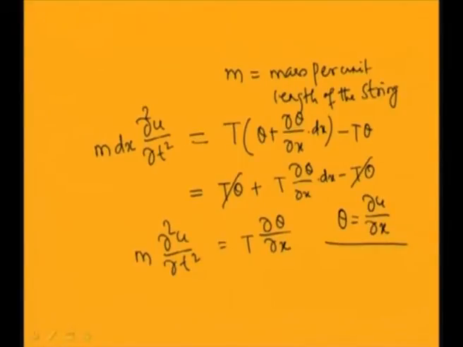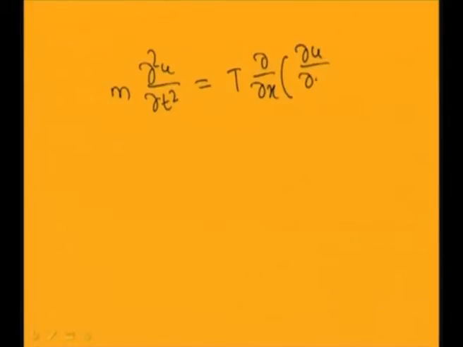So, as slope theta equals del u by del x, I can write this expression: m del square u by del t square equals T into del by del x of theta, which is del u by del x.